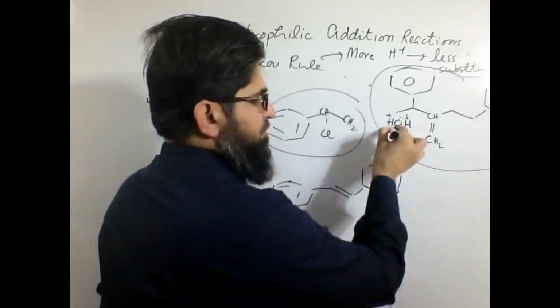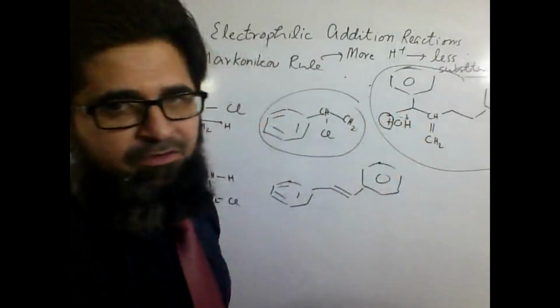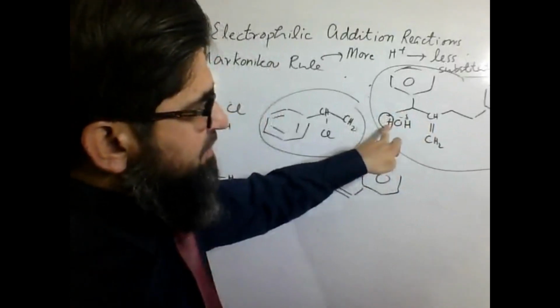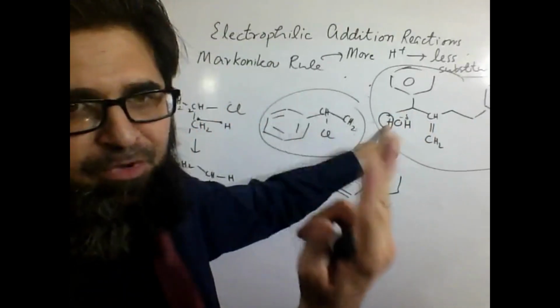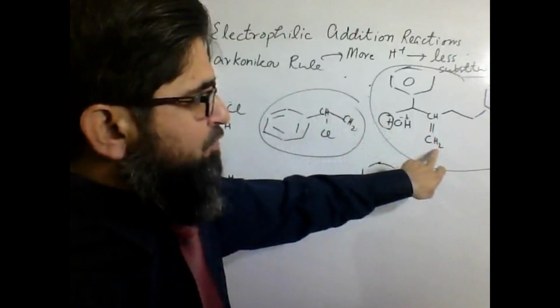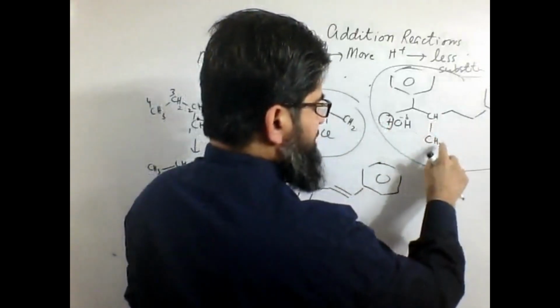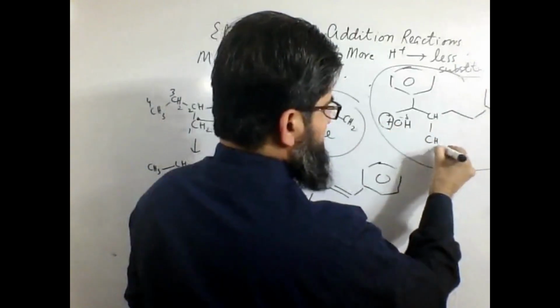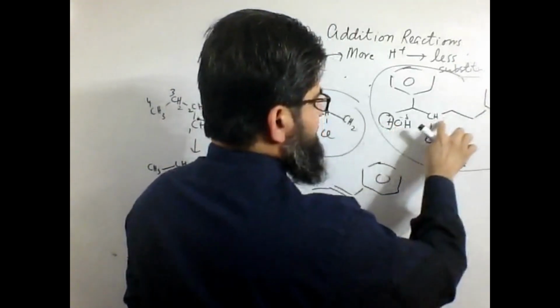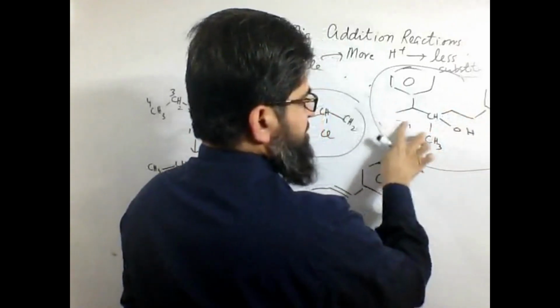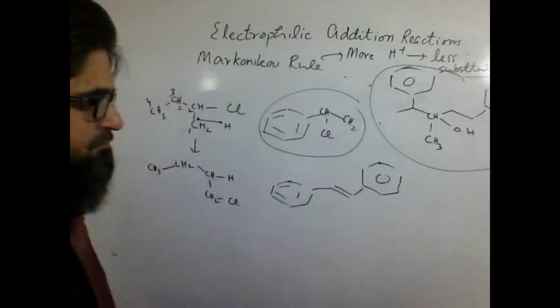So the proton is the electrophile. Okay. So it will attack, it will make a bond with the carbon which carries more number of hydrogens. So this one has more number of hydrogens. So this proton will also come over here. So with 2 protons and the one from outside, it will become CH3 and the OH will make a bond with this one. So we will have this sort of product. Okay.